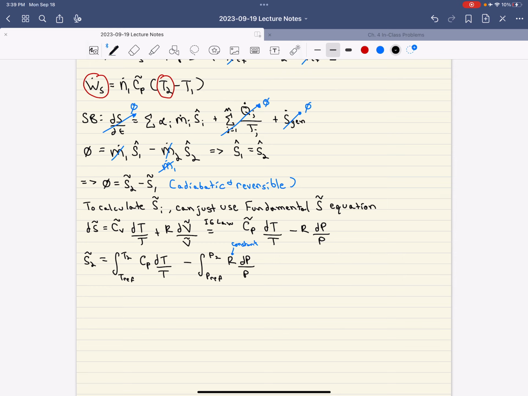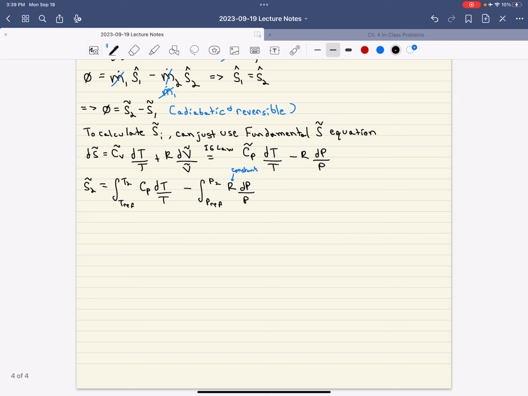And so for S2, after we integrate, we get this. So we have natural log terms for both temperature and pressure. And we know our reference temperature and pressure are just equal to that inlet temperature and pressure. So S2 simplifies into this.